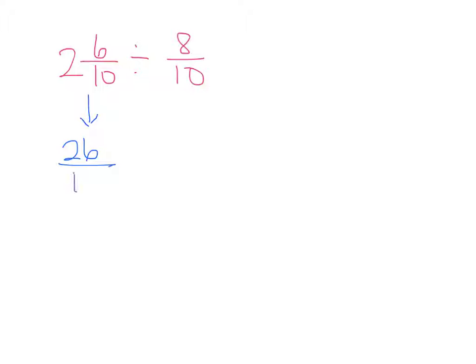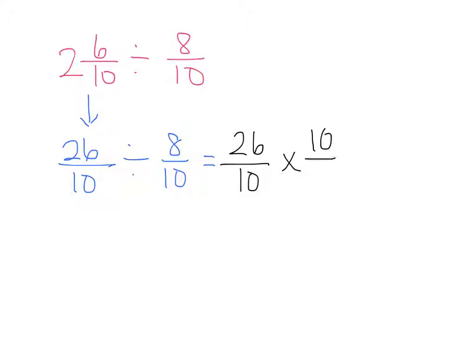Okay, so if we were going to do this using fractions, same problem. 2 6/10 divided by 8/10. 2 6/10 changes to 26 over 10 divided by 8 over 10, which then changes to 26/10 times 10 over 8.